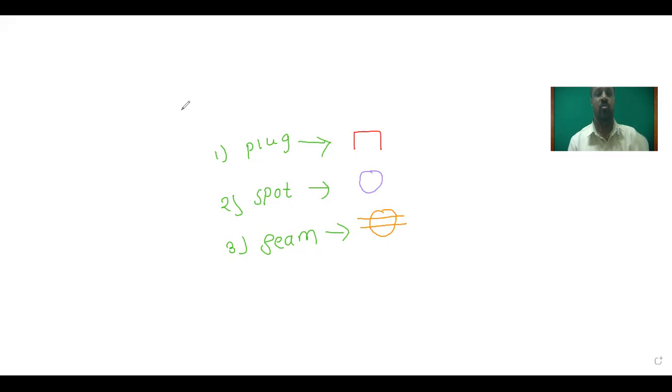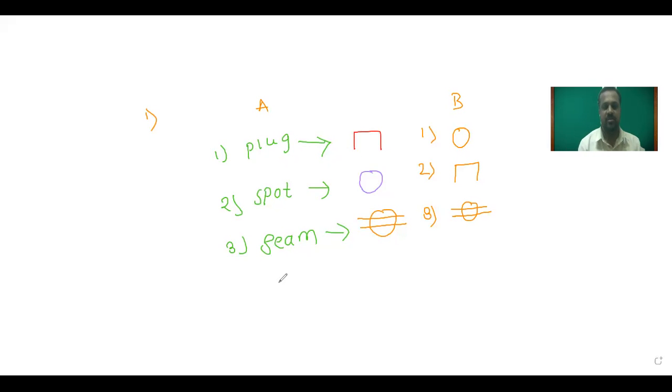Okay, how will the question be asked in the examination? To match the pairs, they will ask the question like this. This is the A side, and this is the B side. On the A side they will give the name of the welding, and here they will give the welding symbol like this, and they will ask to match the pairs.